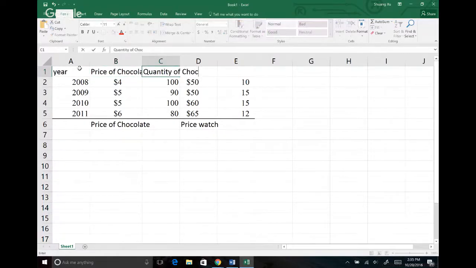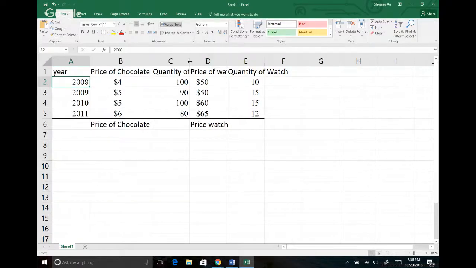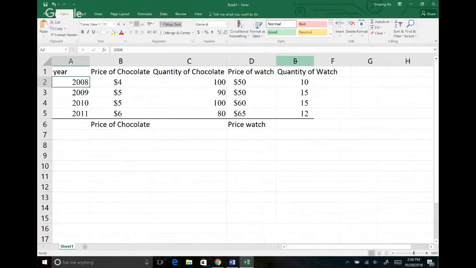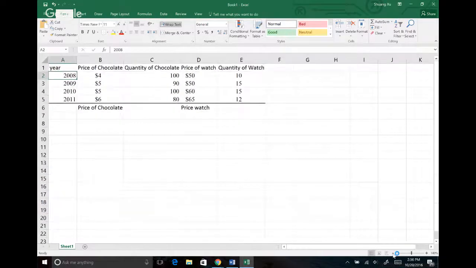Chocolate. Price of which? All right, this looks better now.